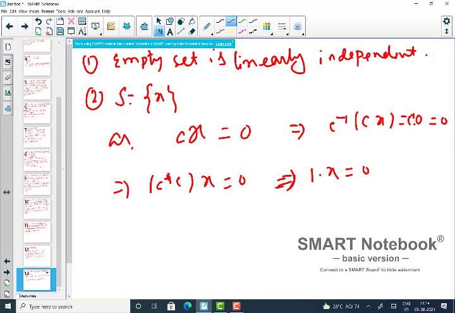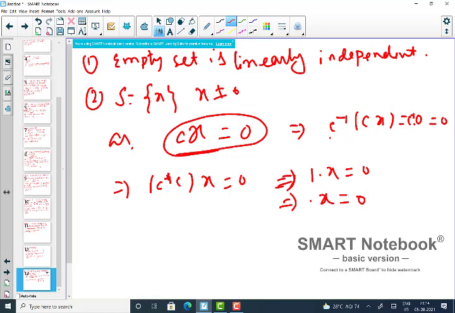Now you know the property of a vector space, 1 times any vector is the same vector, so that gives you the zero vector. But I already assumed that the vector x is non-zero. This is a contradiction, so this is not possible unless c is itself 0. The moment c is non-zero, x becomes 0, which is a contradiction. So this forces c to be 0.